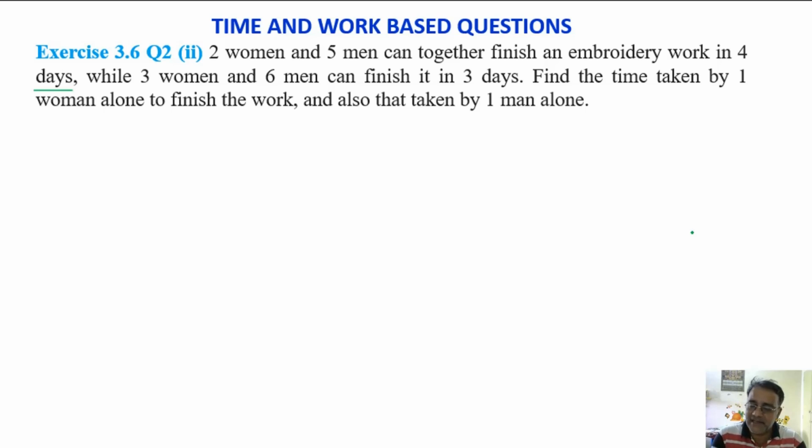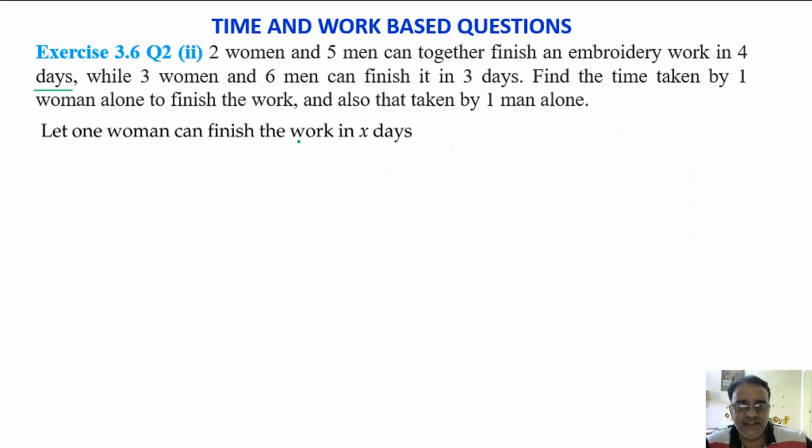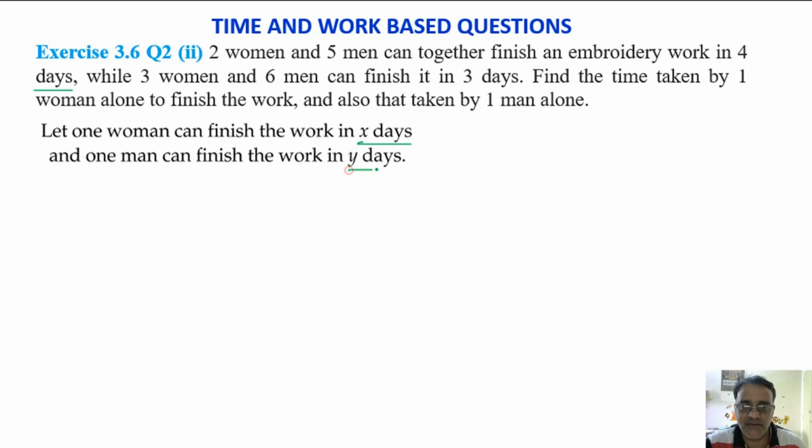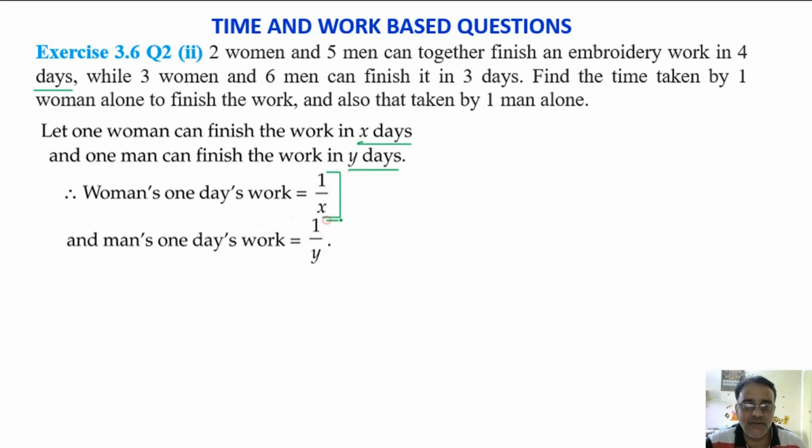So let one woman's time be x days and one man's time be y days. Let one woman finish the work in x days and one man finish the work in y days. So a woman's one day work will be 1 upon x and a man's one day work will be 1 upon y.